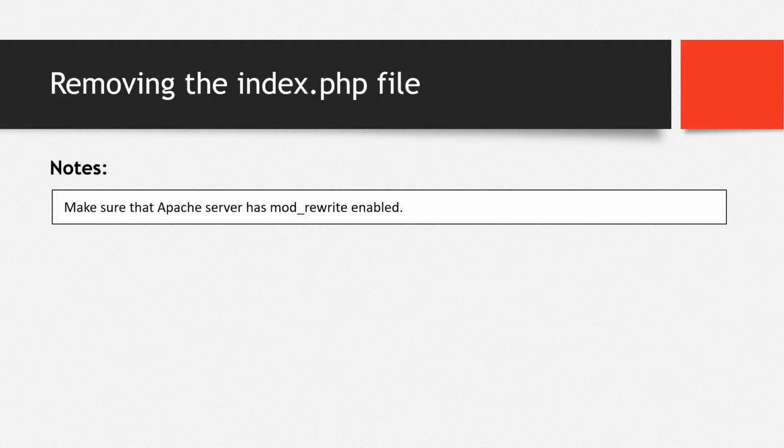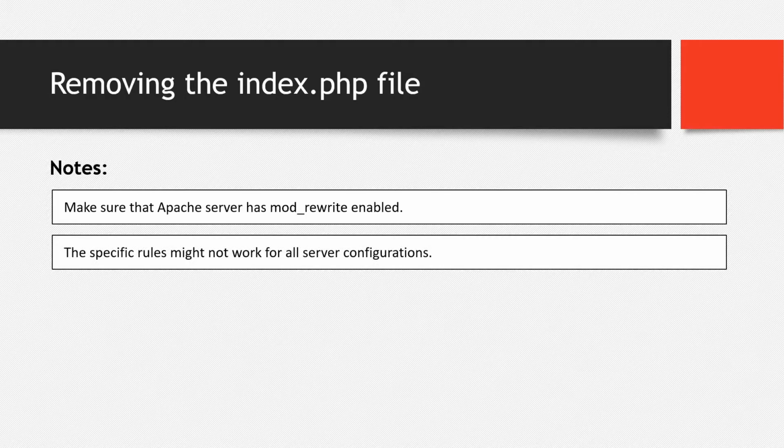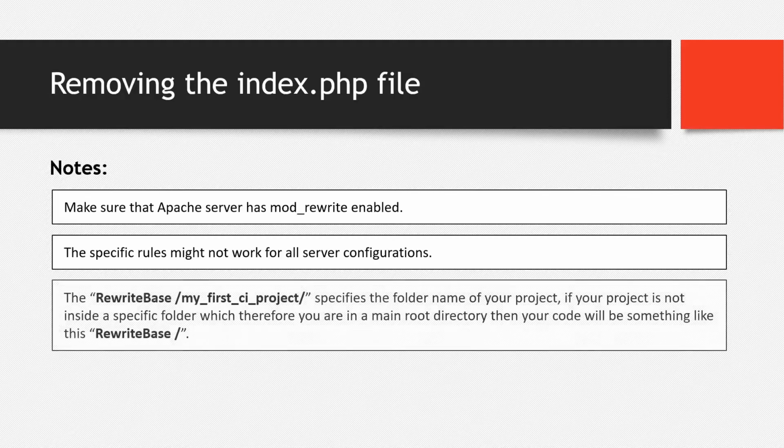Okay, note lang. Make sure that Apache server has mode rewrite enabled. Then the specific rules might not work for all server configurations. Okay, then the rewrite base / myfirstci project specify the folder name of your project. If your project is not inside a specific folder, which therefore you are in the main root directory, then your code will be something like this.